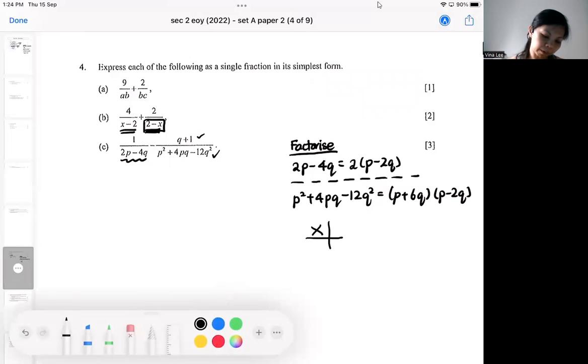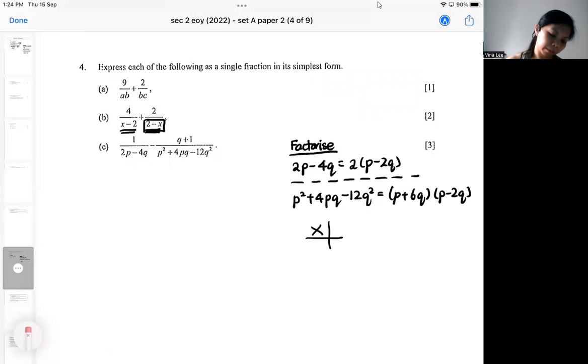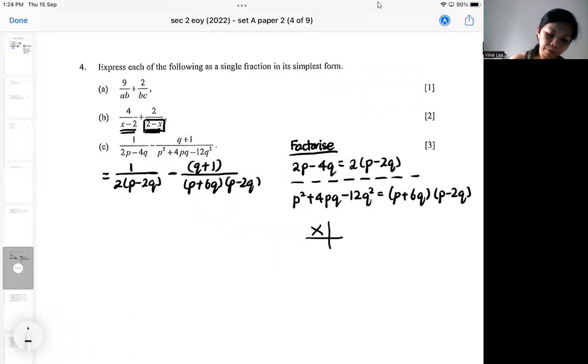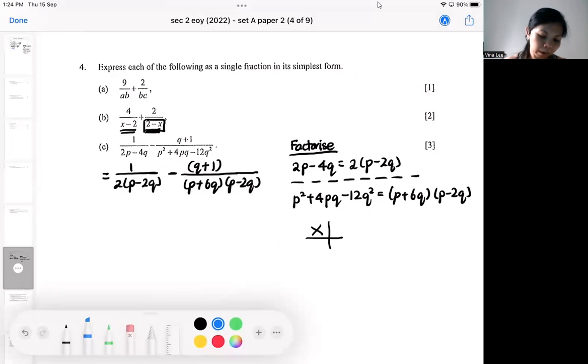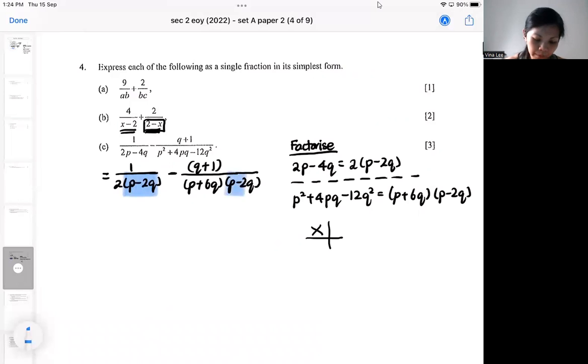So after you factorize, don't try to make same denominator first. Okay, we try to factorize first. So change each of the denominator. So you might want to bracket this up in case you make sign error. So before you make same denominator, observe what is already common.